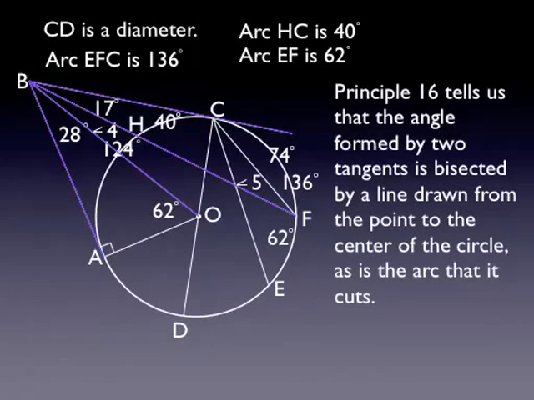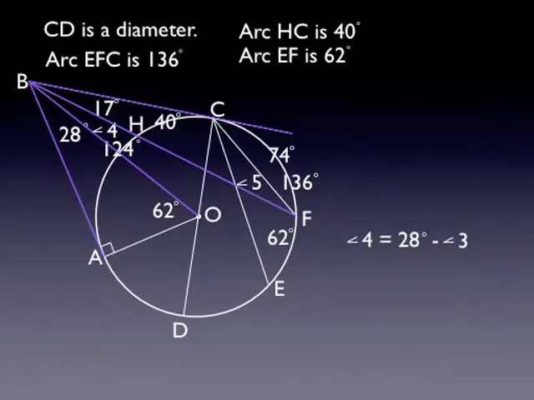Now remember that principle 16 told us that line BO bisected the angle there at B, which means that angle 3 plus angle 4 have to equal angle 1, which was 28 degrees, or angle 4 equals 28 degrees minus angle 3. Angle 3 was 17, so we substitute in the value, and angle 4 is 11 degrees.